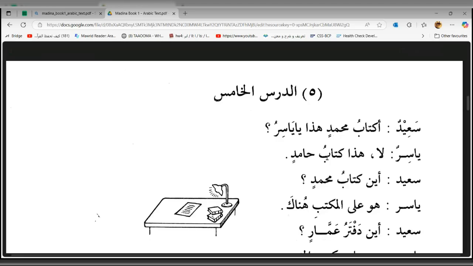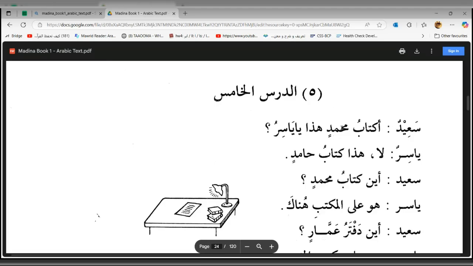And since the Mudaf is also definite, you can use this combination, Kitabu Muhammad, as a Mubtada. Okay? Is everything I've said clear to you guys? Okay, good. So we've seen these two.